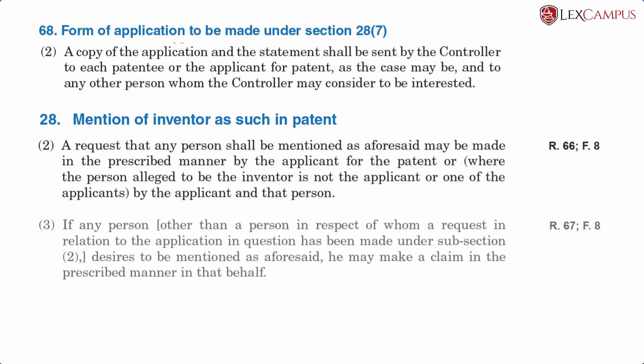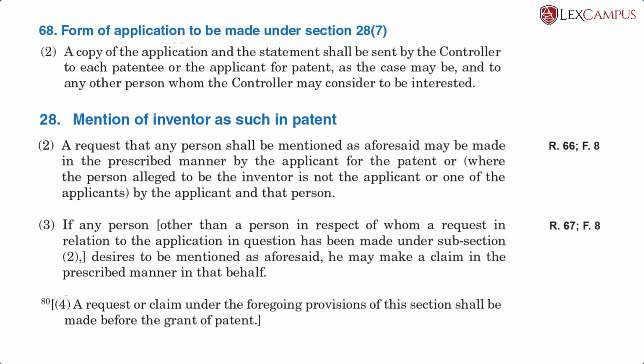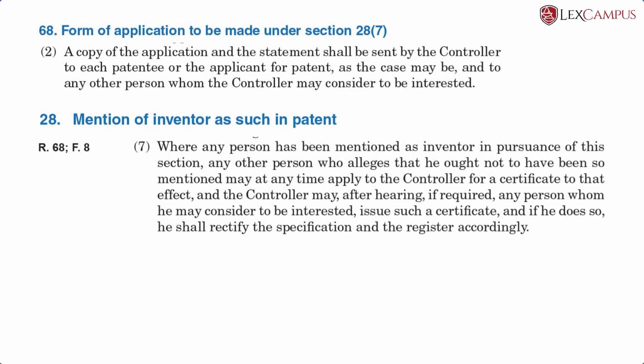28(2) and 28(3) are proceedings before grant, because 28(4) tells us that the request under the foregoing provisions, that is 1, 2, 3 of this section, shall be made before the grant of a patent. Okay. So, when we are talking about 28(7) proceeding for a certificate, it can be either before or after the grant.